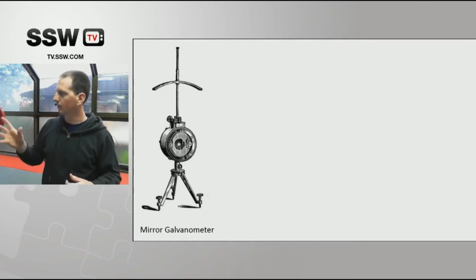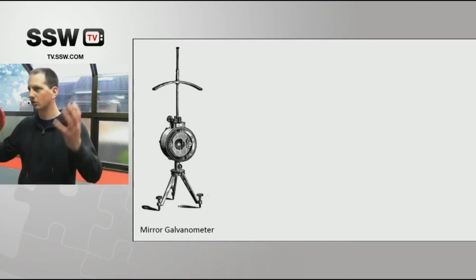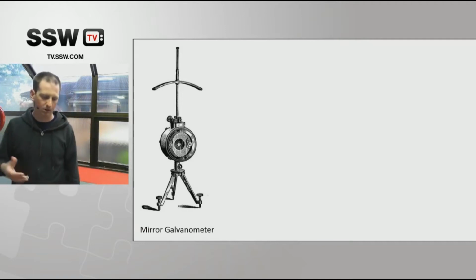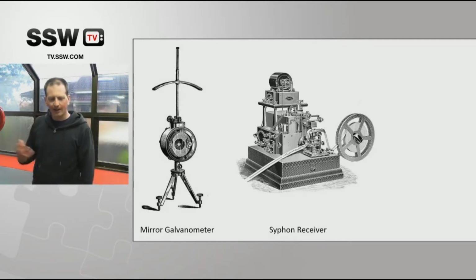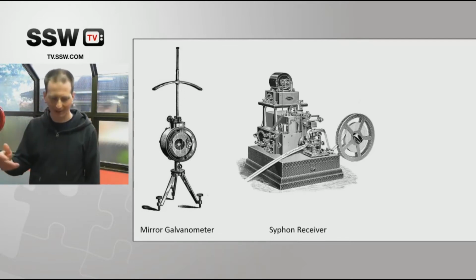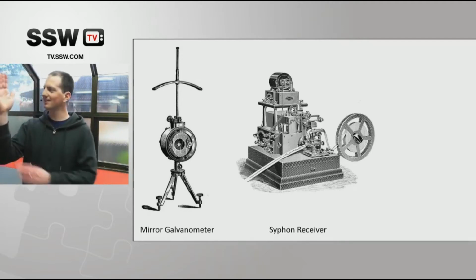And it turns out the device they had previous to this was so inaccurate that all they were recording was just noise. Anyway, he came up with a better way to do it, and he invented this tool called the mirror galvanometer.